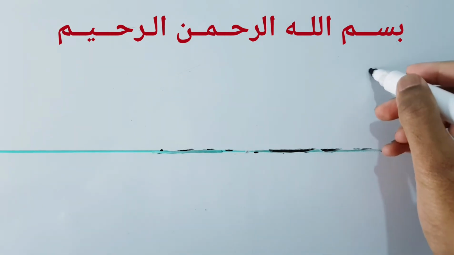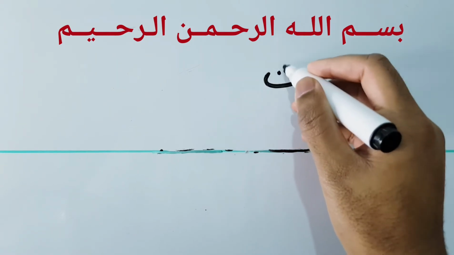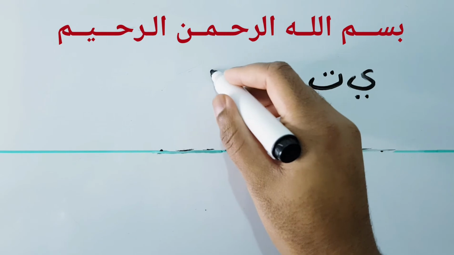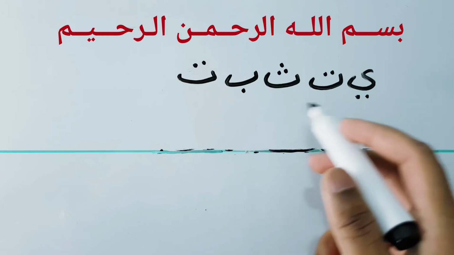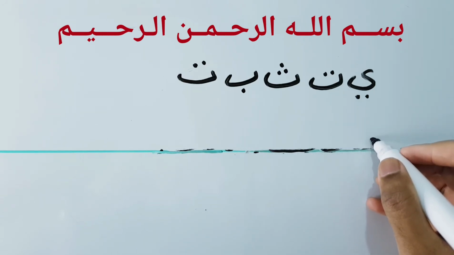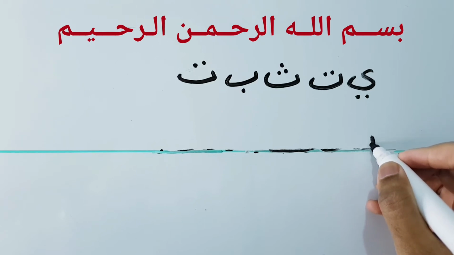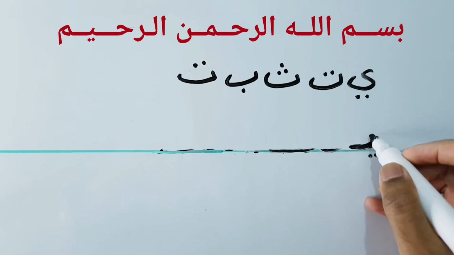Number 3 was to join ya, ta, tha, ba, and ta. طيب, so we have 5 حروف الخمسة which are following on from one another. Ya at the beginning, or حروف الخمسة at the beginning. طيب, the dot goes there.